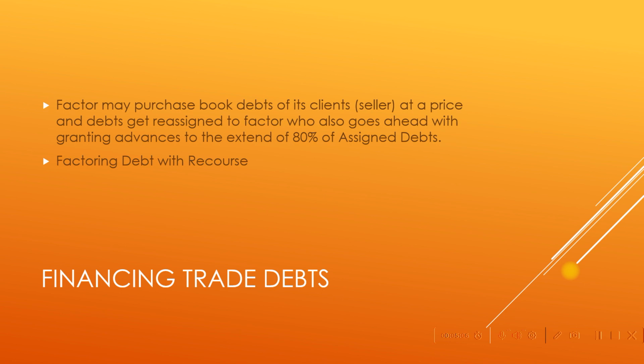What does that mean? Whenever the debts are factored with recourse, the finance becomes refundable by its clients if the buyer makes a default or non-payment. Without recourse, the factor is forced to collect the dues from the buyer on the due date, no matter whether the buyer makes the payment or not. So this completes financing trade debts.